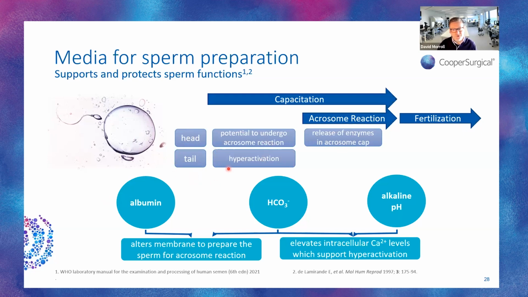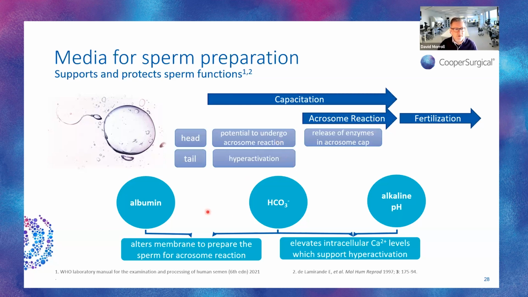So it acquires hyperactivation, which, as you probably know, is really important for the way sperm interact with membranes and ultimately drives through things like the vestments of the oocyte, the cumulus mass and so on. And all of that is dependent on the environment around the sperm.